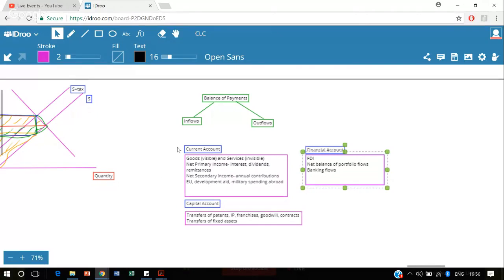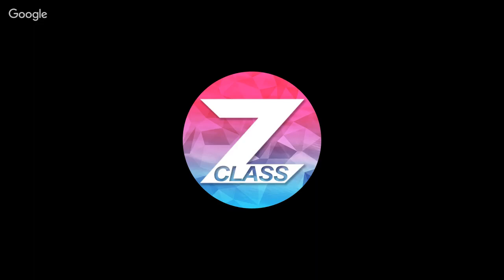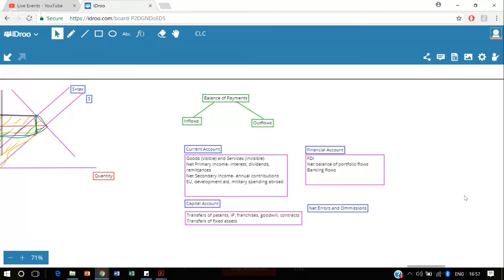So if we know that all this has to balance out, there's going to be one last category, which is going to be net errors and omissions. And we talk about the balance of payments because it all balances out in the end.